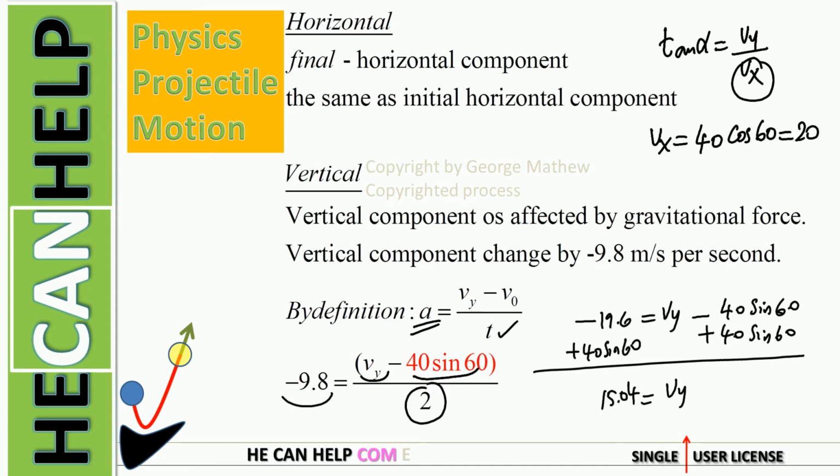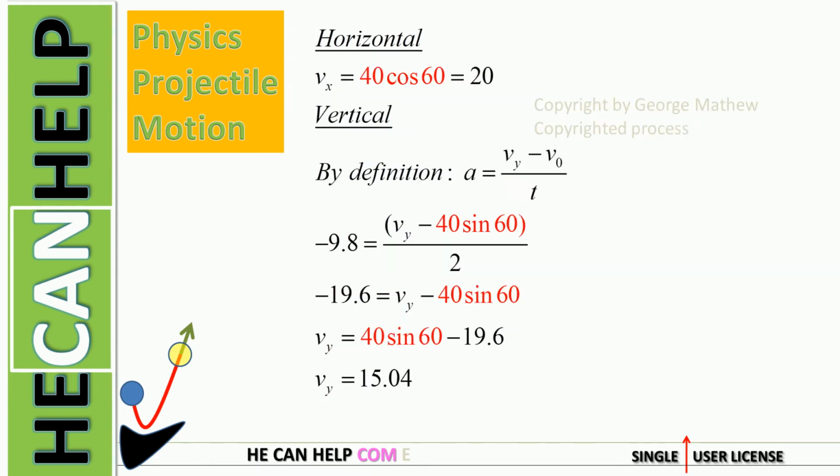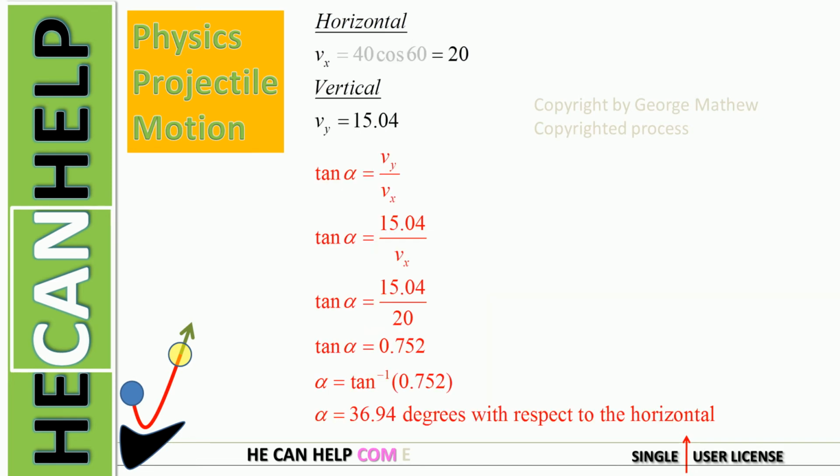So we have Vx and Vy. We can find the angle with respect to the horizontal, the angle of the velocity vector at t equals 2 seconds.